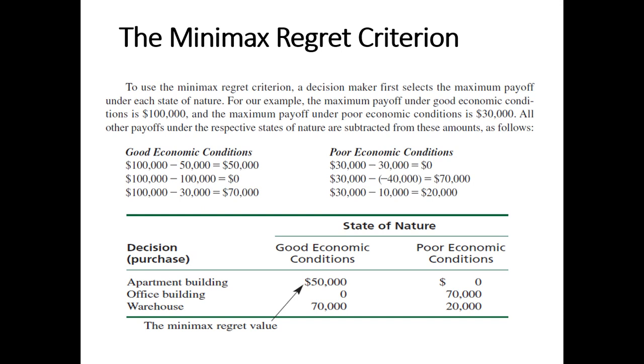Loss is written as minus, and you know that minus multiplied by minus becomes plus. So 30,000 minus 40,000 becomes plus $70,000. And finally 30,000 minus 10,000 is $20,000. So now we have 6 values: 50,000, 0, 0, 70,000, 70,000, 20,000.